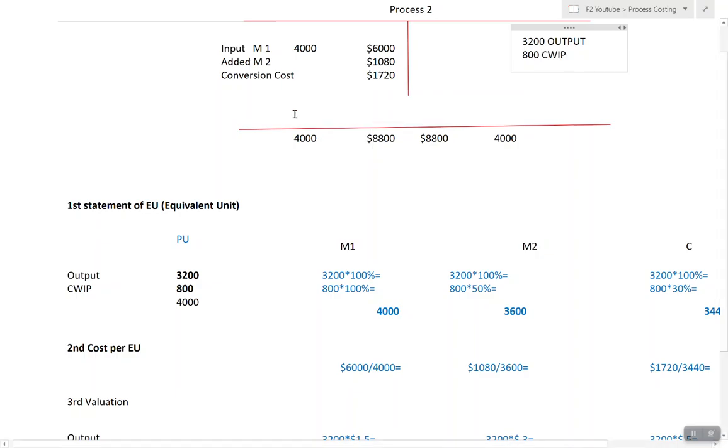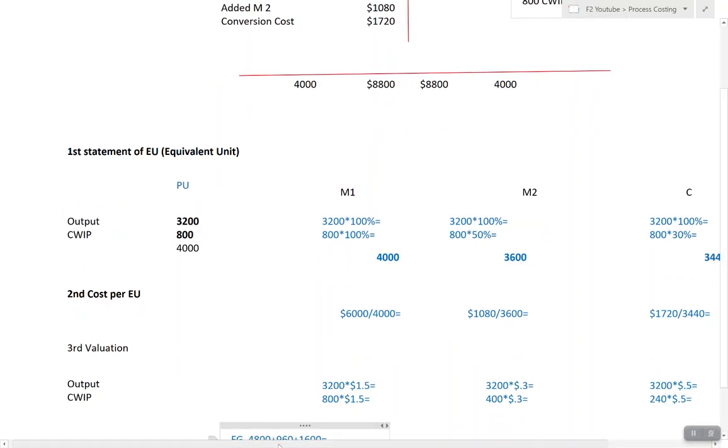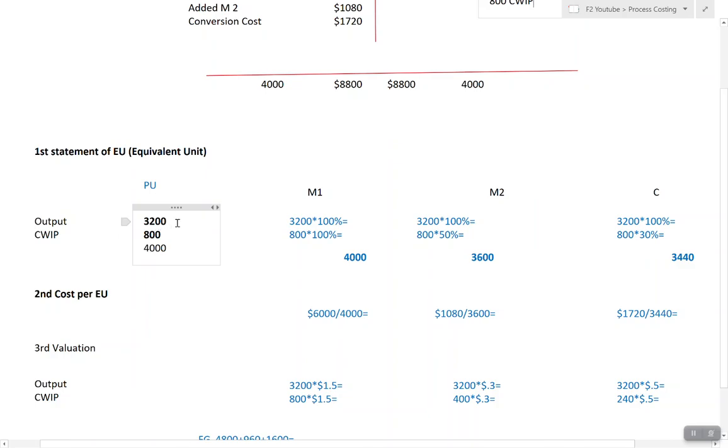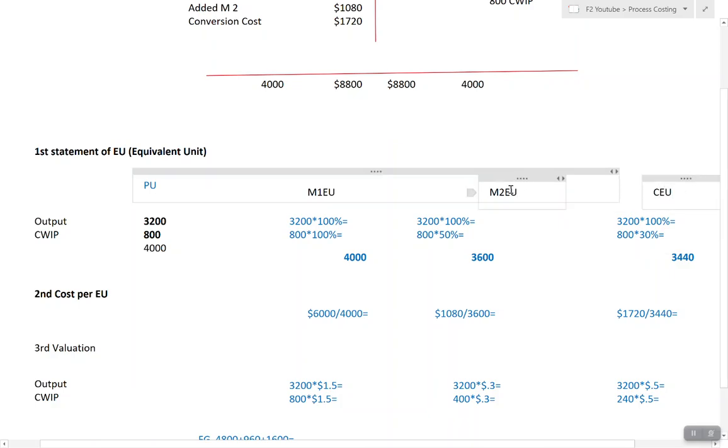Okay, to find the value, we will do the same 3 steps. Physical units, no problem. 3,200 and 800. Problem is with output, equivalent units. So equivalent units for M1, M2, which is material in process 2, and then conversion equivalent units. Finished goods, they were 3,200 units.